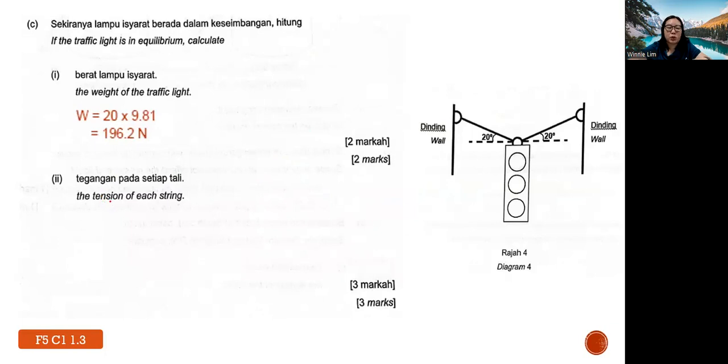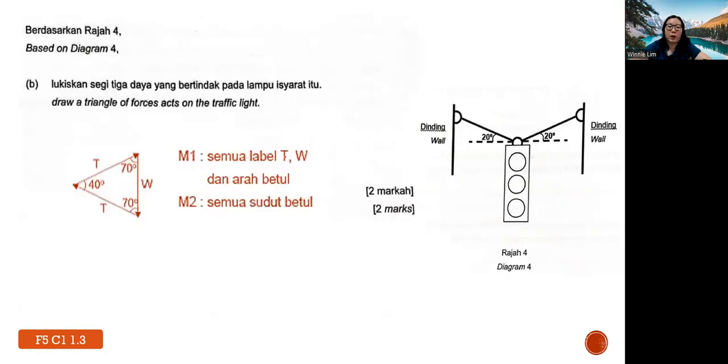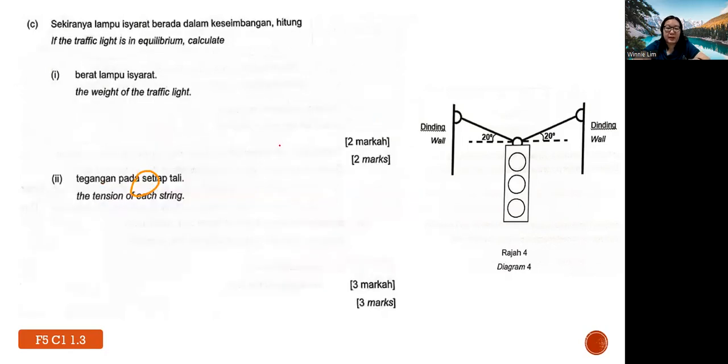Then part 2, they want you to find the tension of each string. To calculate the tension, this type of question has a lot of ways and methods. You can use the drawing way like this one, but you draw according to scale. Like the weight you calculated just now, which is how much? 196.2.